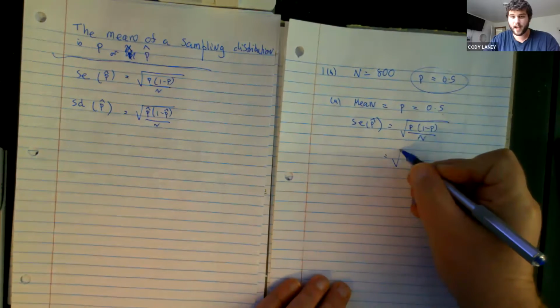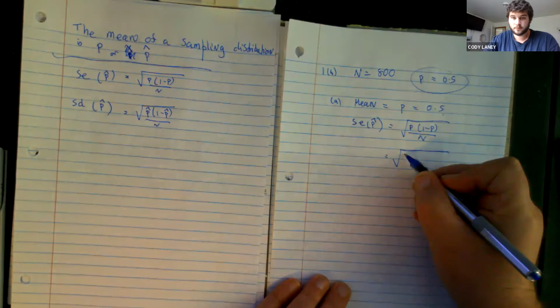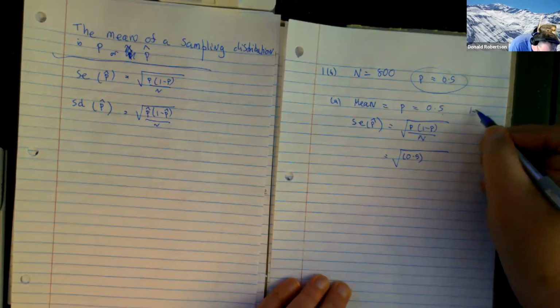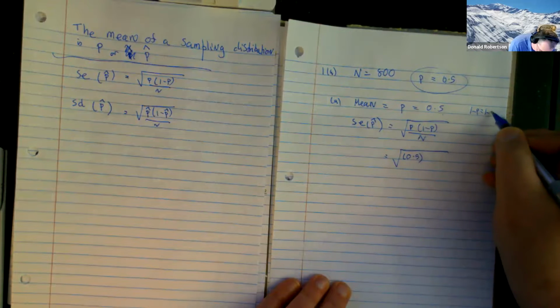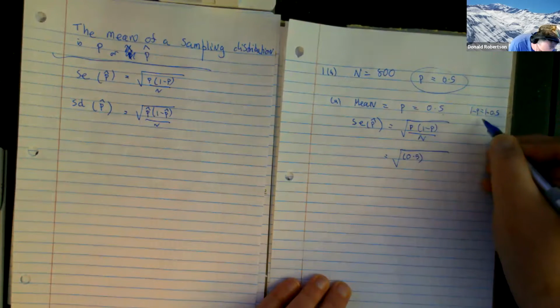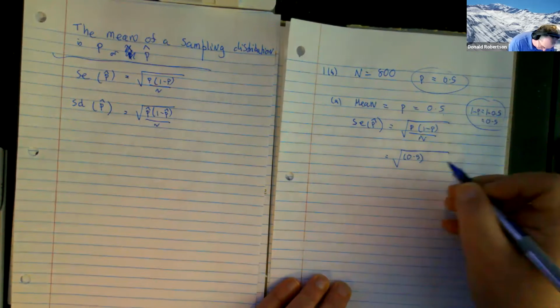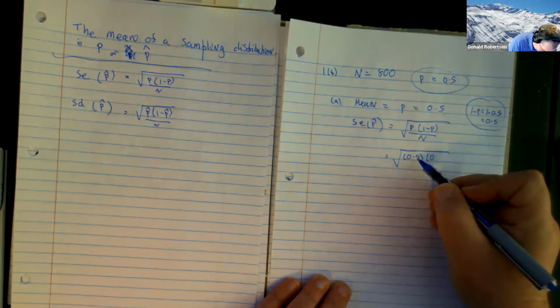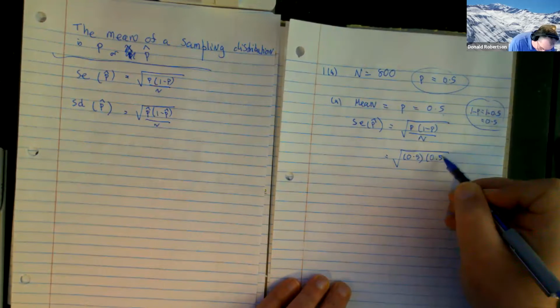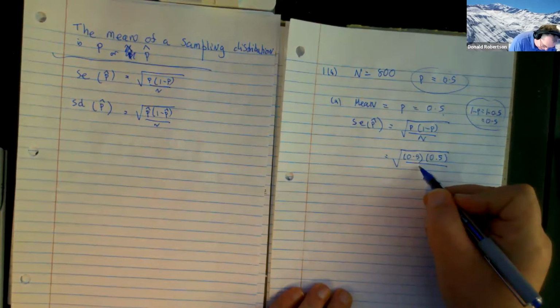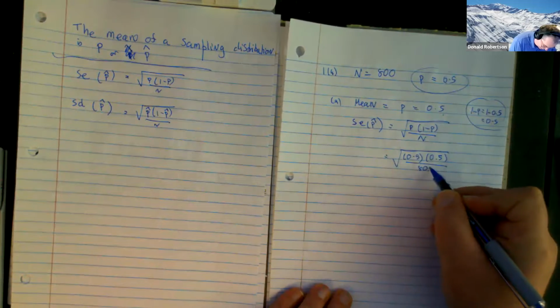So that's P times 1 minus P. P is 0.5. 1 minus P is what you get if you take 1 and subtract the value of P. Unfortunately, in this case, it happens to be the same answer. But if this is 0.7, that will be 0.3. And N is 800.